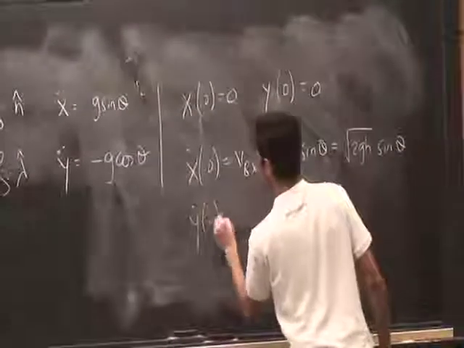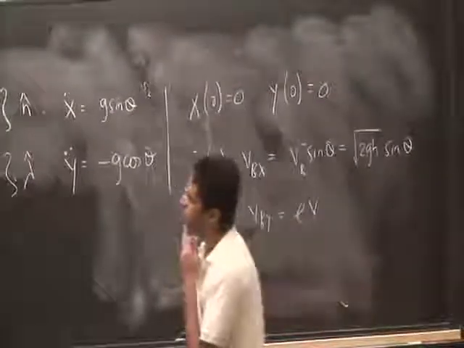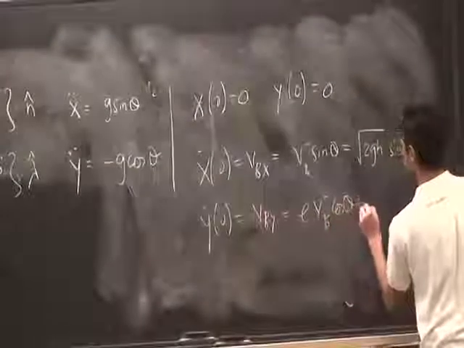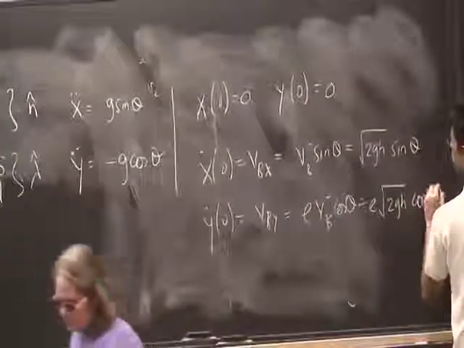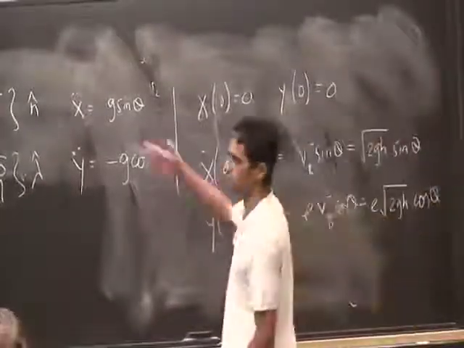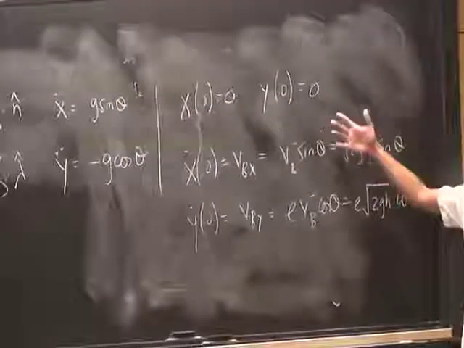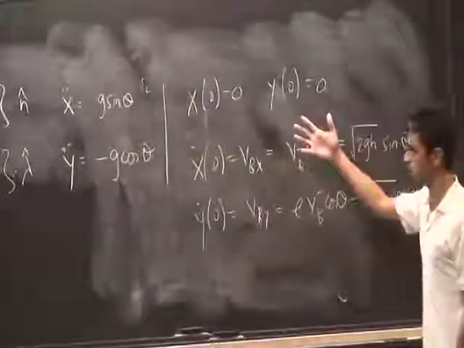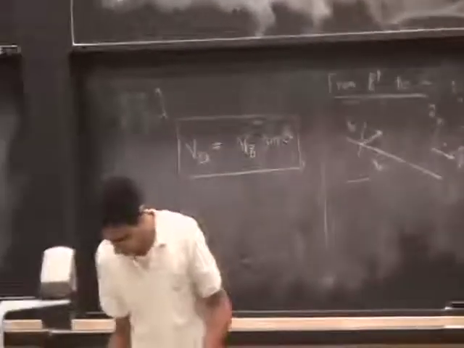And y dot 0 equals vby equals e v negative cos theta, and that is e times square root 2gh cosine theta. So equations of motion, the initial conditions, I can take these equations, integrate them twice, put in these initial conditions, and then solve for t. And I don't have the time to go over all that, but you should check me on what I get over here.